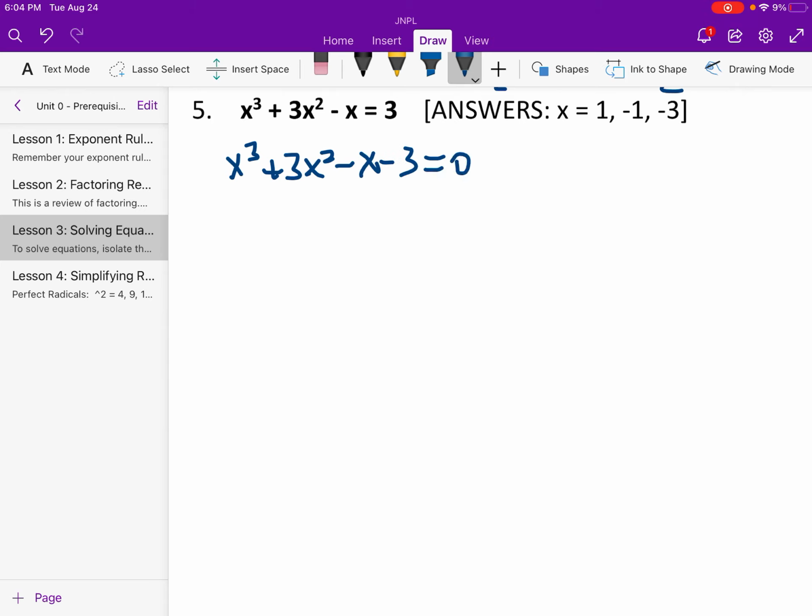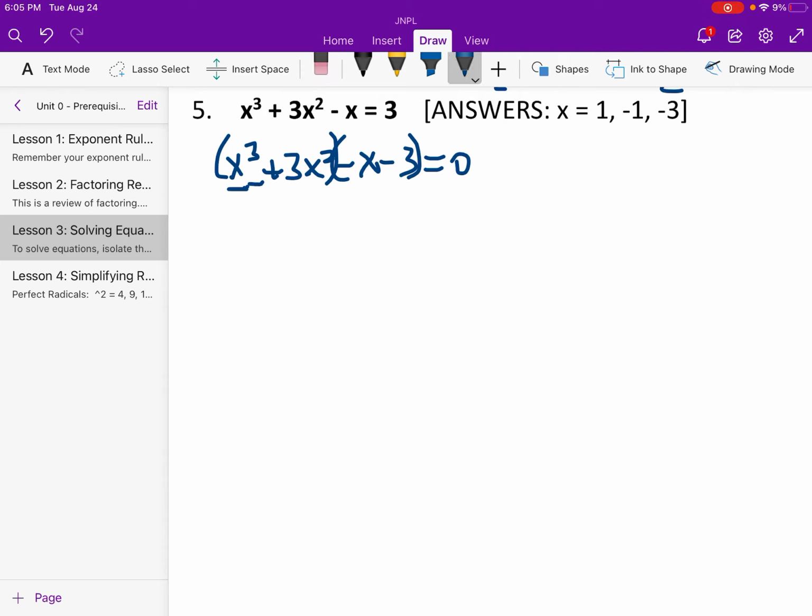Now, since we have 4 terms, let's try to group two terms at a time. So right here, can you divide out a number? No, because there's 3 and 1. That doesn't do anything. X to the third really means x times x times x, and then x squared, 2 x's. We have 2 and we have 2, so we can factor out an x squared.